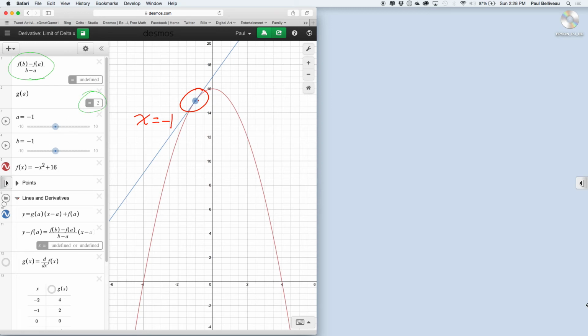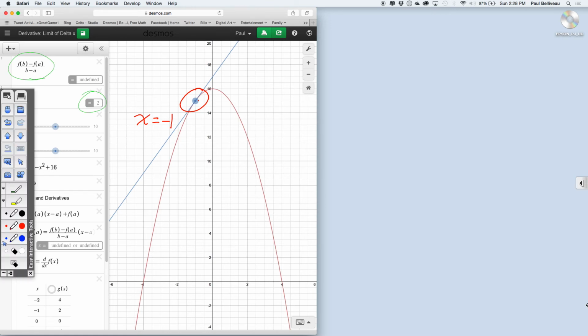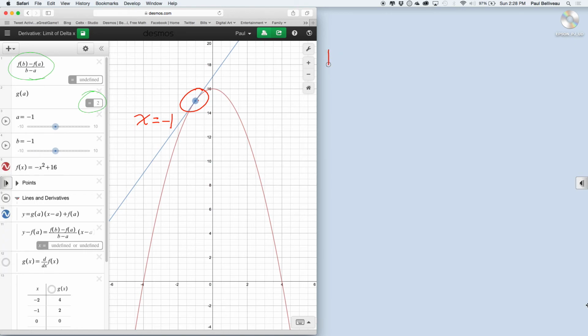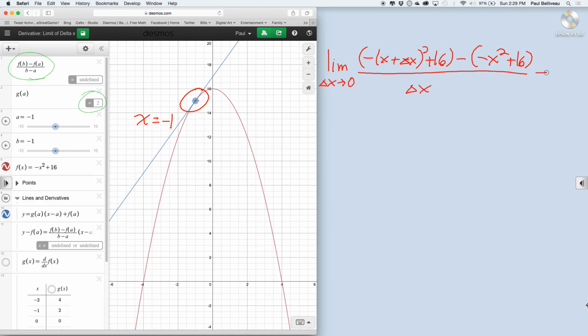What can tell us if this is accurate? Well, we just did a whole bunch of algebra. Good news is we don't have to do it again. We now know that the limit as delta x approaches 0 of -(x plus delta x) squared plus 16 minus -x squared plus 16, over delta x, is always equal to -2x.